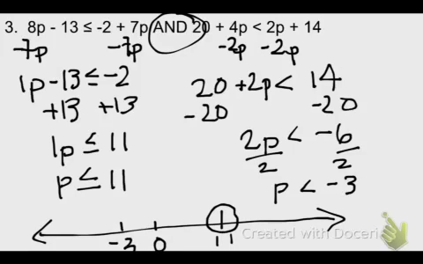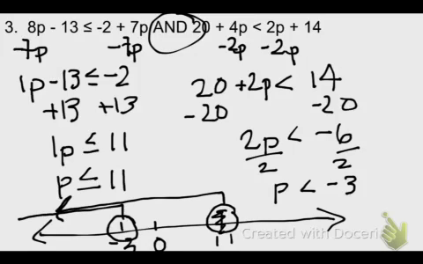So less than or equal to 11 would mean that I would shade 11, and it would be the values over here to the left. And the values that are less than negative 3 would be the area in which, if I circle negative 3, that's not a solution. And it would be every value to the left.